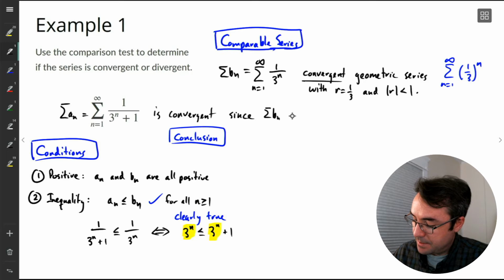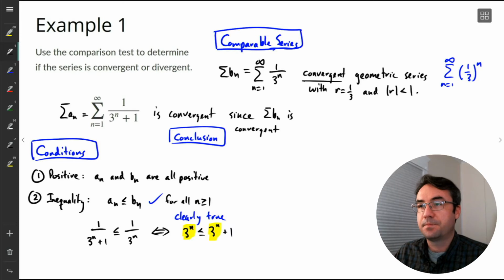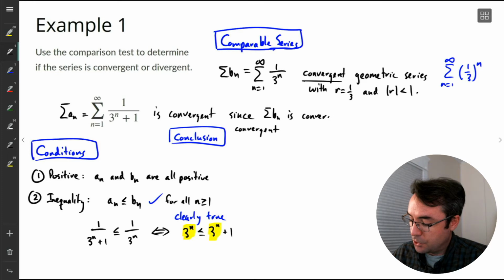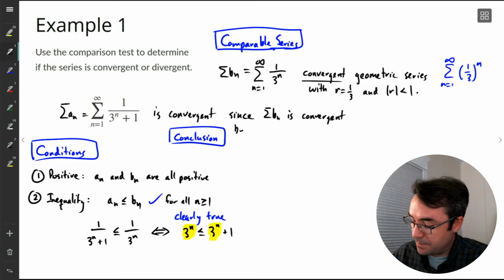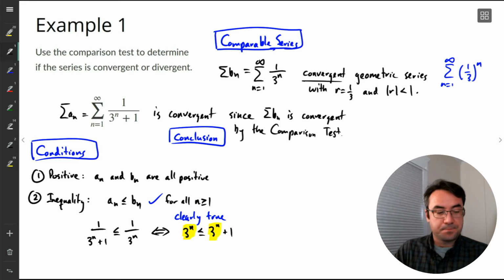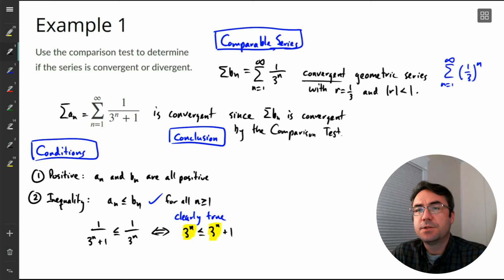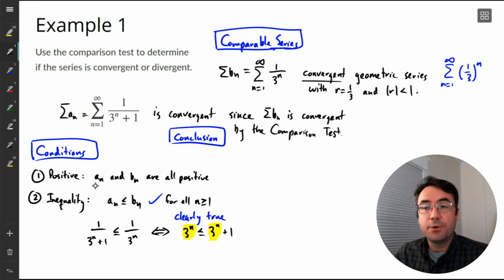Since sigma bn is convergent, we'll put the convergent there. And then we just state the test that we used: by the comparison test. So we clearly stated our comparable series, gave a good reason for why it was convergent, and stated our two conditions.